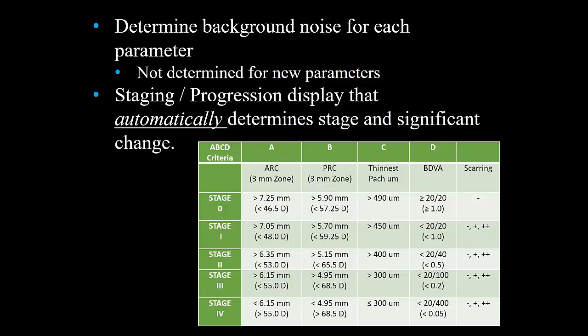So the reason we developed this again is that we now have the ABCD, in this case really just the ABC for progression. And we have different parameters describing each anatomical layer. To determine whether we've had significant change, we have to determine the background noise for each of these parameters.